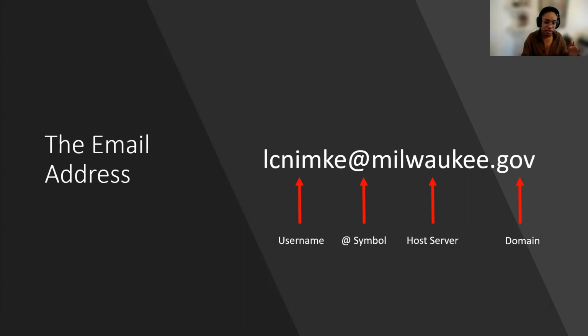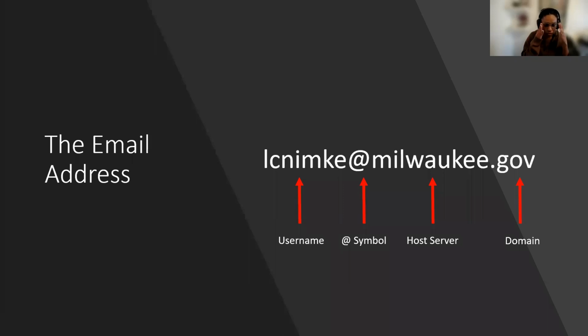But email addresses have 4 main components. The first is the username, which is what you decide to make your email address. In this example, it's LC Nimke. A lot of folks, as I mentioned, will opt for first, middle initial, and their last name, or some combo of that.